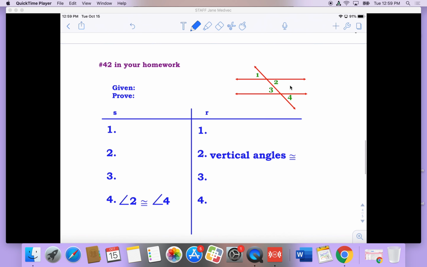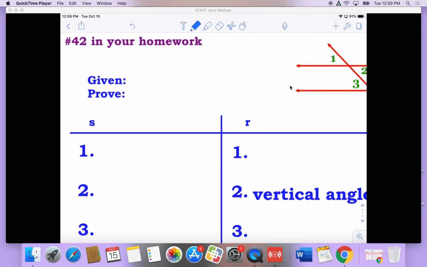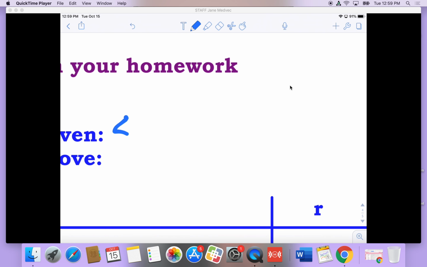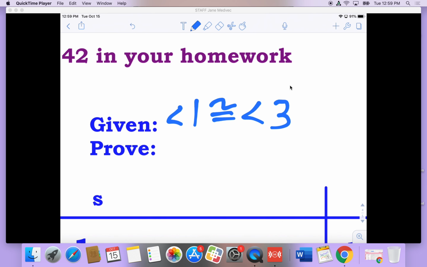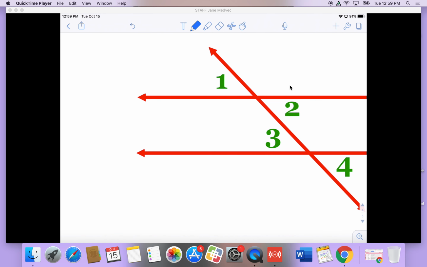Okay, let's move on. This problem is in your homework. There's a little bit missing in this, so I'm going to help you fill this in. So they're going to give you in the problem that angle 1 is congruent to angle 3. Sometimes they do this as a written given. Sometimes what they do in the picture itself is they will mark it up like this.